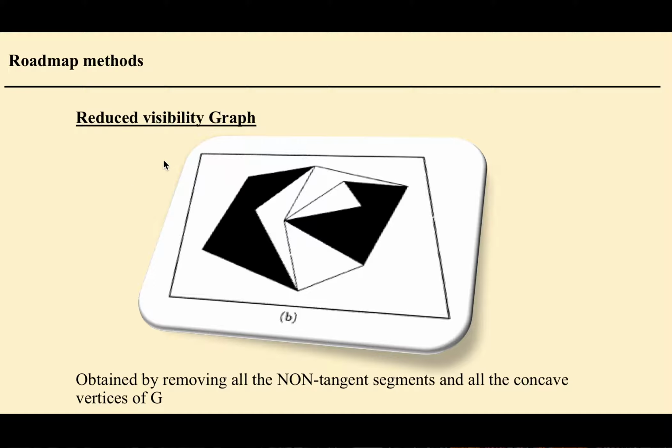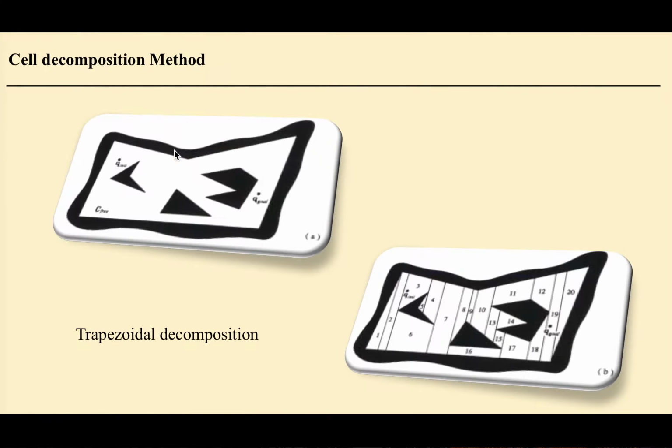The next method that we're going to see is the cell decomposition method. In this method, we follow a different way of finding the path from the Q init to Q goal, which is the initial point to the goal point. As we can see on the left-hand side of this picture, the dark objects are the obstacles, and there are the initial point and the goal point.